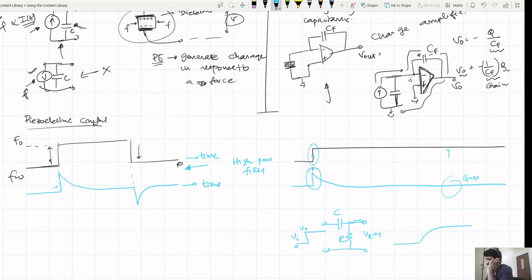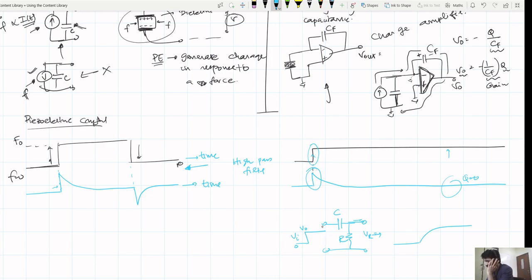Yes, sir. Why would that be? Because initially the capacitor will be charged. No, it won't be. That's why I said the initial charge on the capacitor is 0. So there is no voltage across the capacitor.